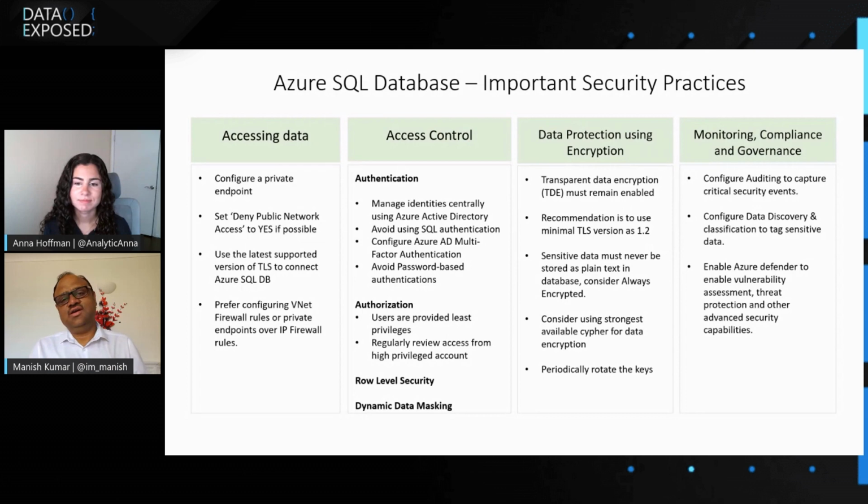Now, once audit log has been taken care of, the next important step would be to configure your Azure SQL database to identify and tag your sensitive data so that it can be tracked who all access your company's sensitive data. That can be achieved very easily using the data discovery and classification feature of Azure SQL DB. This is a built-in feature.